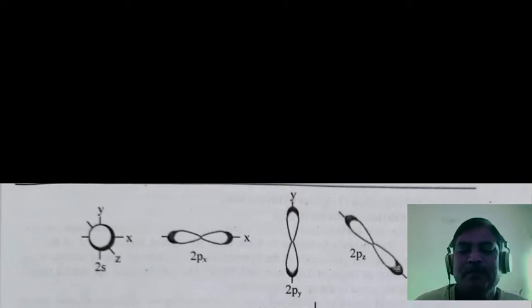Then p orbitals and their orientation are always of three types: 2px is a dumbbell shaped atomic orbital, py is also dumbbell shaped, and pz is also dumbbell shaped.